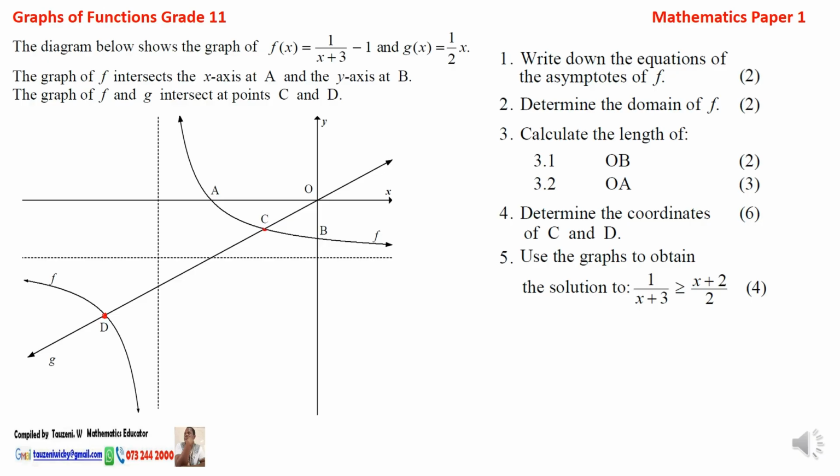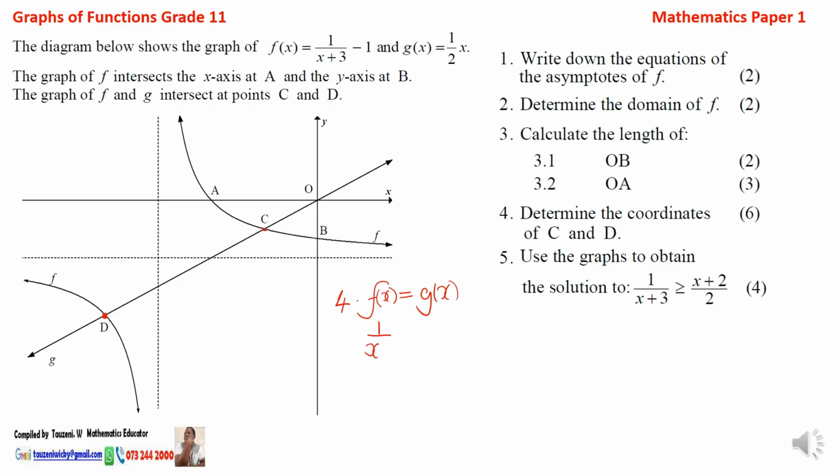Now, the idea that is needed to answer that question is when two graphs are crossing each other, they are equal at the points of intersection. So my graphs are crossing each other at point C and point D. To determine the coordinates of the points where graphs meet, we equate the equations of the graphs and solve for x.